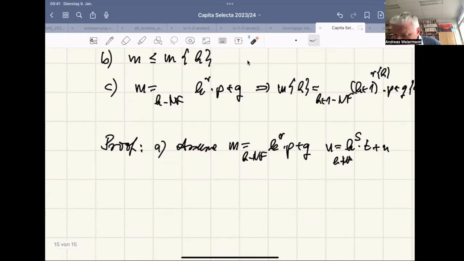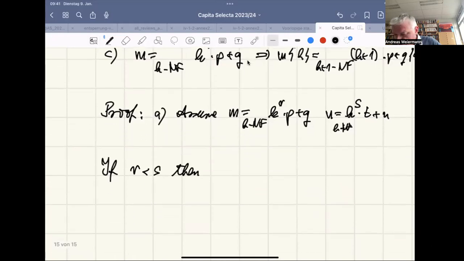What does this mean? If r is smaller than s, there's already a big difference between m and n. So, if r is smaller than s, then we obtain the following. Well, we do induction on natural numbers, so we can assume monotonicity for smaller values.